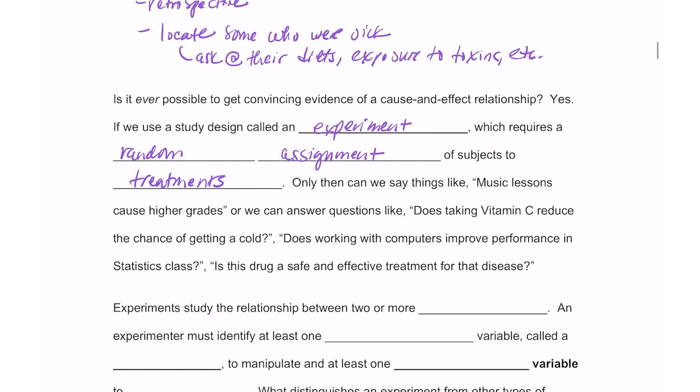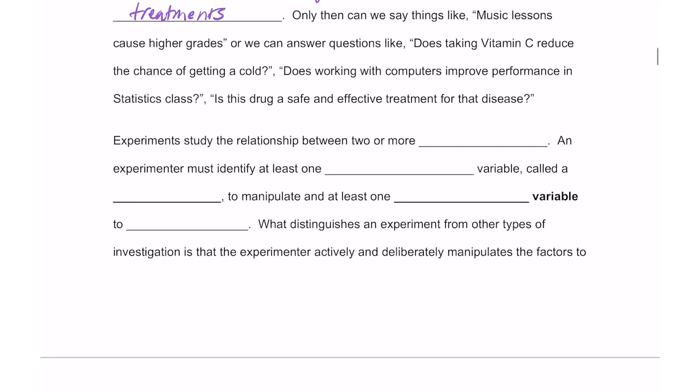Only then can we say things like music lessons cause higher grades, or we can answer questions like, does taking vitamin C reduce the chance of getting a cold? Does working with computers improve performance in statistics class? Is this drug a safe and effective treatment for that disease?